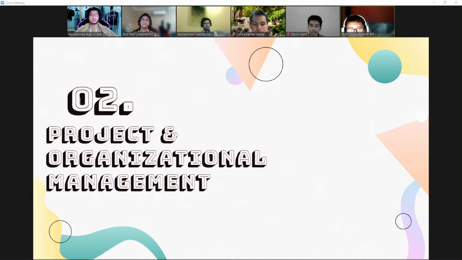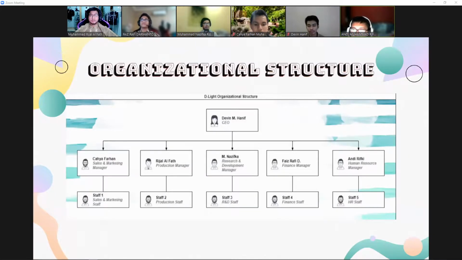Okay, so next we will talk about our project and organizational management. Next. So first, I will elaborate about our organizational structure. We use a balanced matrix as our organizational structure in the hopes to fulfill the project's objective as efficiently and effectively as possible.